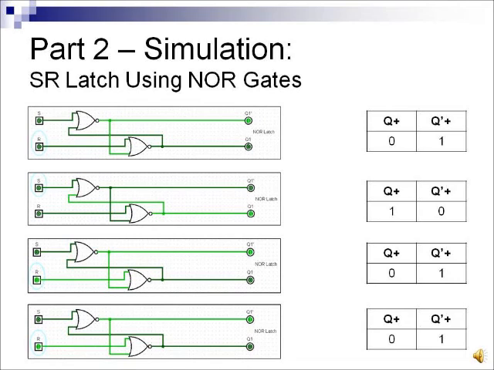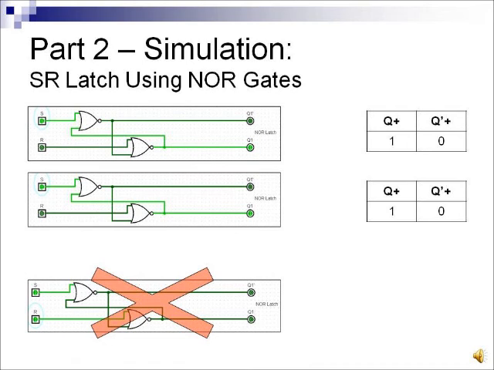The next step in the lab process was to construct a simulation of the circuit to validate the expected results. This testing can be a little tricky because the Q value must be set prior to changing the S or R inputs. It is also important to note that the Q output is located at the bottom of the circuit. We can see that each simulation matches the value in the transition table.